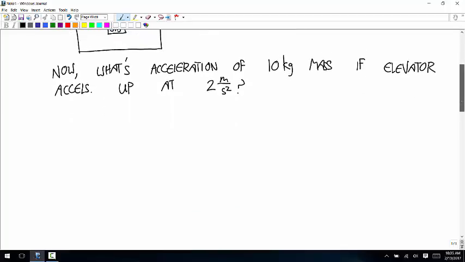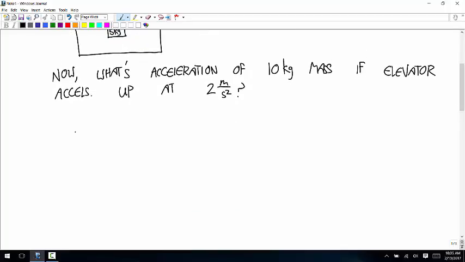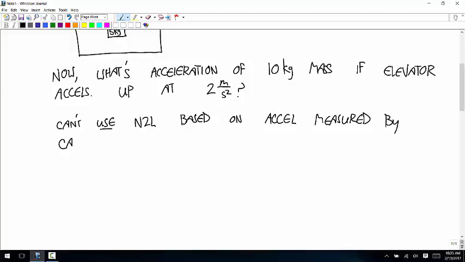Okay, so the main idea is that we can't use Newton's second law based on the acceleration measured by the camera, using the notation of relative motion, what we would call the acceleration of the mass relative to the elevator.